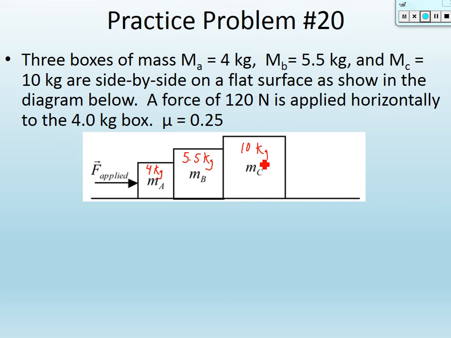A force of 120 newtons is applied horizontally to the 4 kilogram block. That's MA here. And it gives us the coefficient of friction is 0.25.